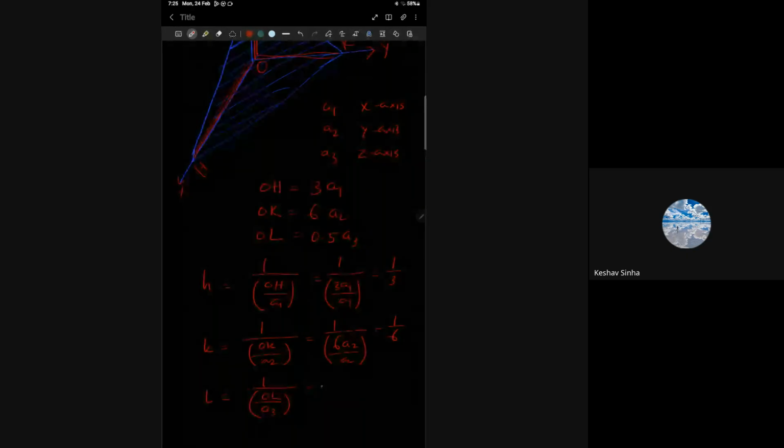L will be equal to 1 by 0.5A3 by A3, which is 1 by 0.5, equal to 2.